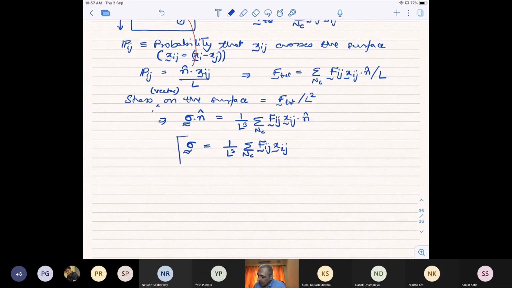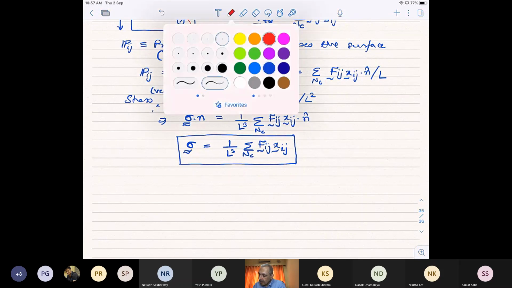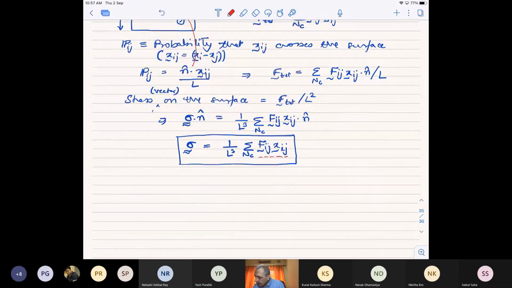And so this is how LAMMPS calculates the stress. When you want to calculate the stress in LAMMPS, what LAMMPS will give you is just this. And then what you have to do is, let's say you're considering a certain volume, and this is considered per atom. So for each particle you will get this value.